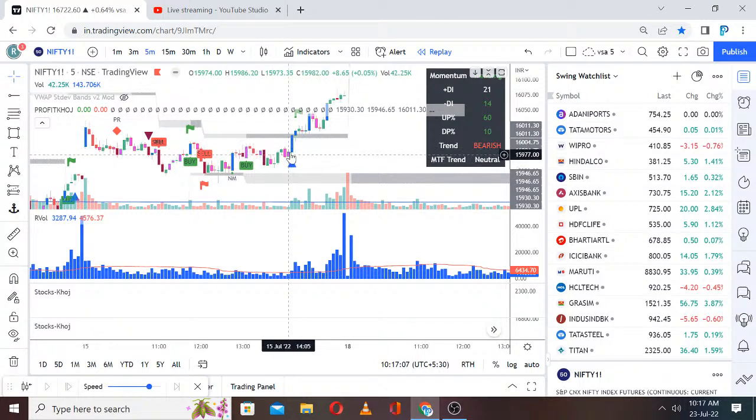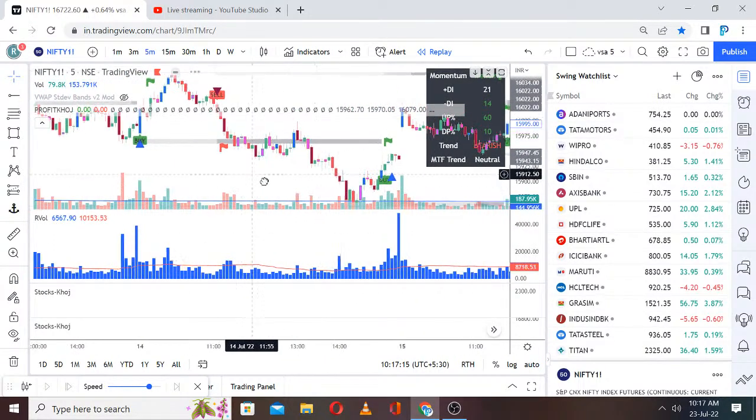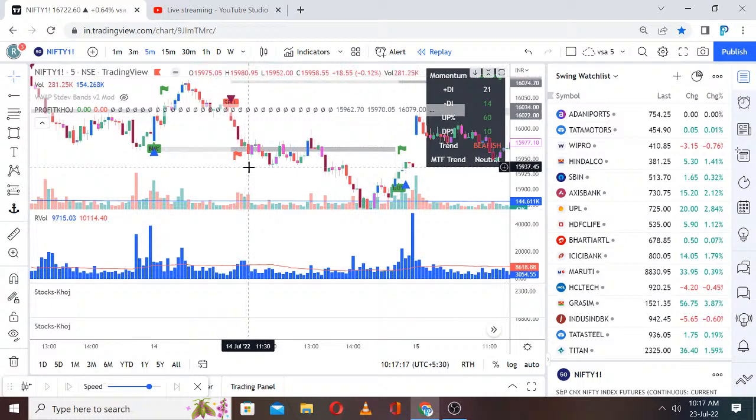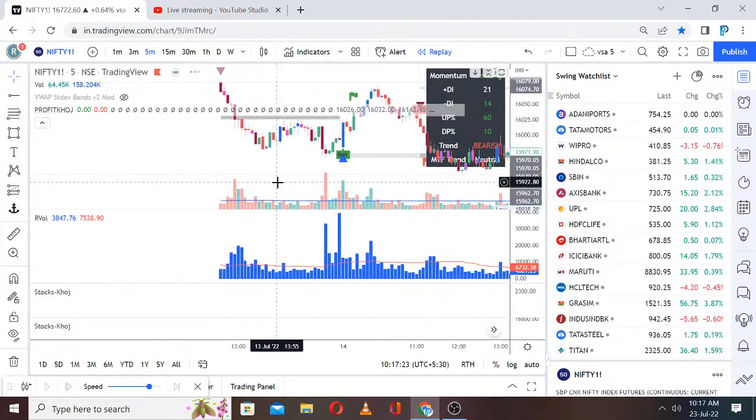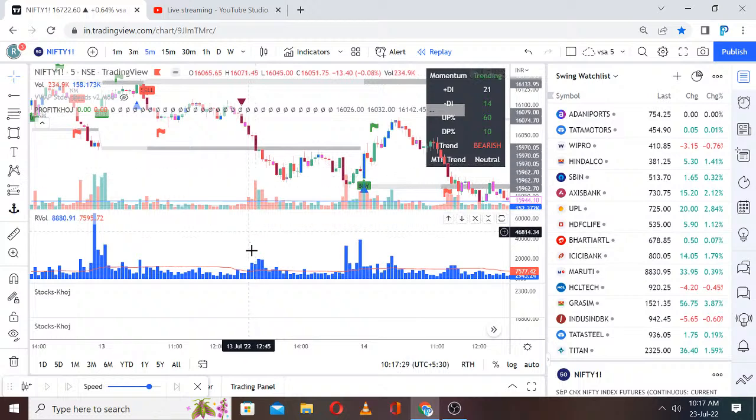Look at the volume. This is the breakout candle here. Look at the volume. It's not too high, so it's good. Okay, breakout volume is less.